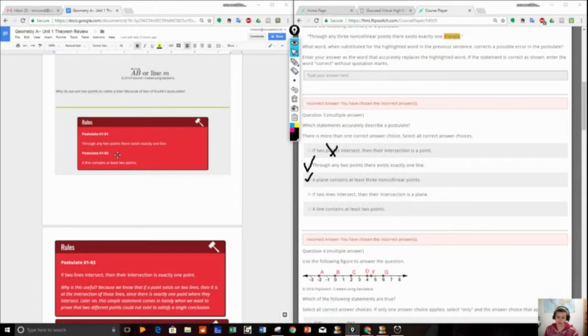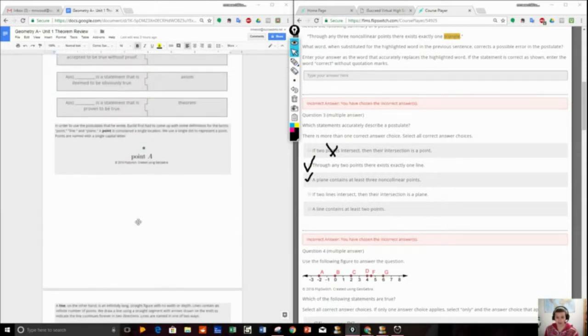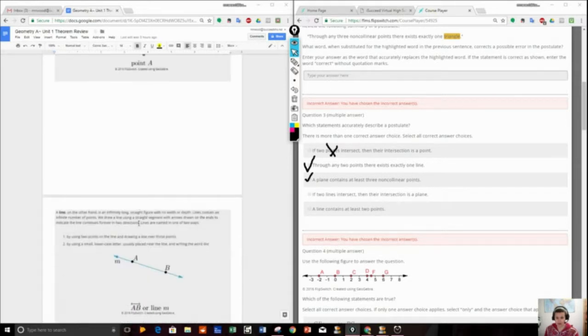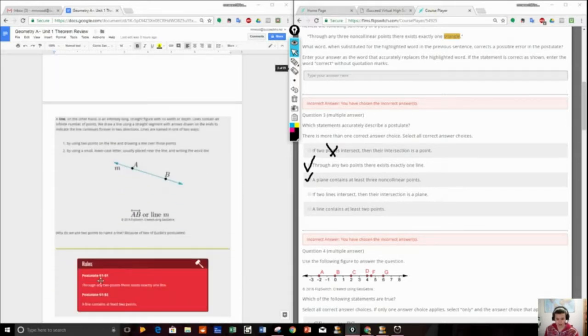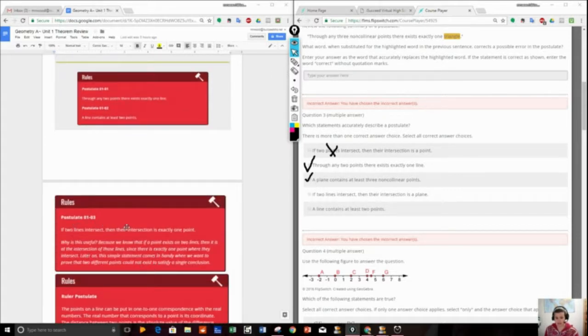So if you know these automatically, that is wonderful. If not, use your postulates. So let's look through here. Through any 2 points there exists exactly one line. If 2 lines intersect, then their intersection is exactly 1 point. Okay, and this one is saying it's a plane. So no, because of the plane.